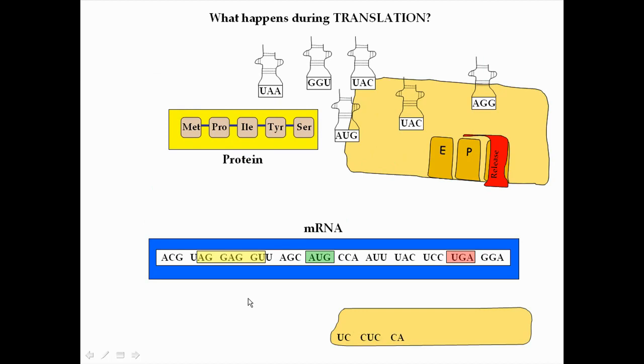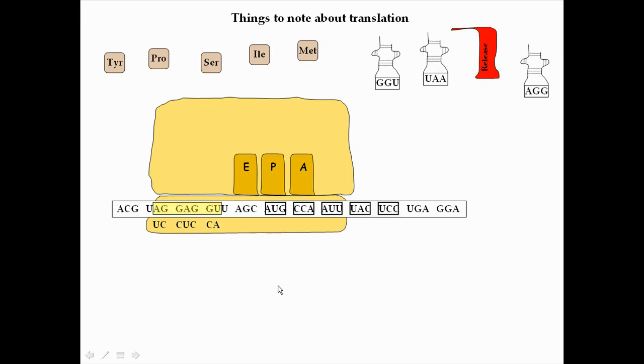So what we'll do last as far as translation is mention a few miscellaneous things. Each one of these groups of 3 nucleotides on the messenger RNA that tells the cell which amino acid to encode for are called codons.